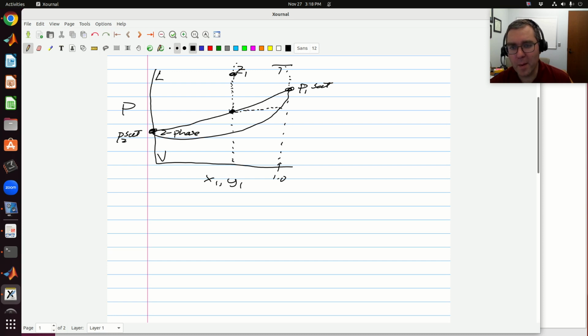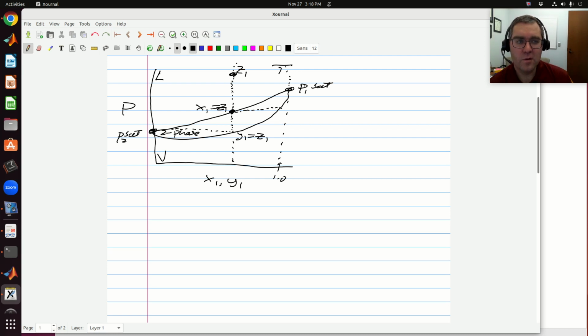What's unique about my bubble point, I read liquids for my bubble line, is that at my bubble point, x1 is equal to z1. If I were to continue to decrease the pressure, where I hit my dew line, that corresponds to my dew point. And what's unique about my dew point is that y1 is equal to z1.